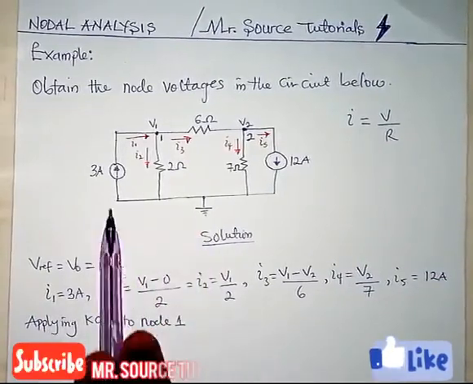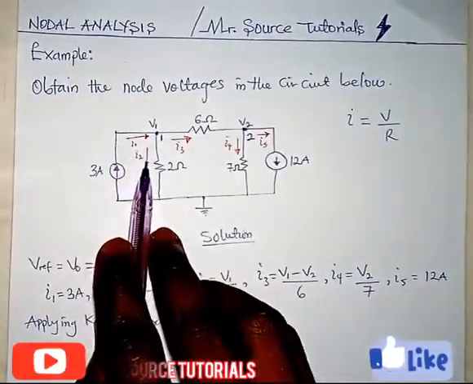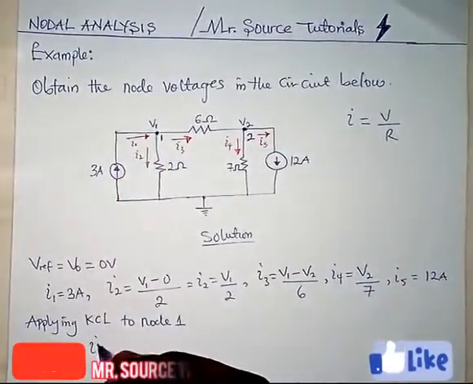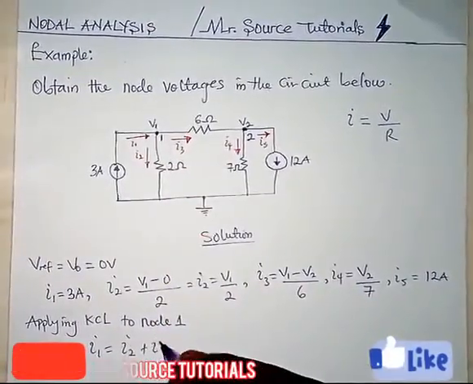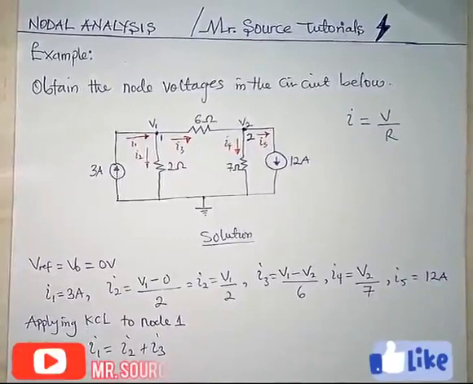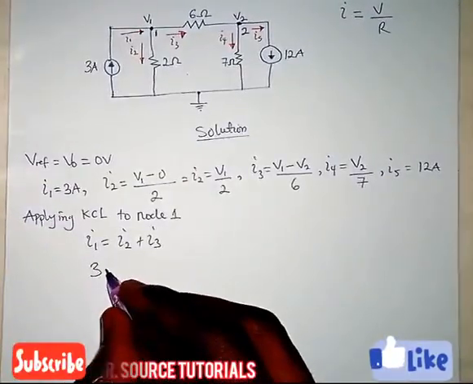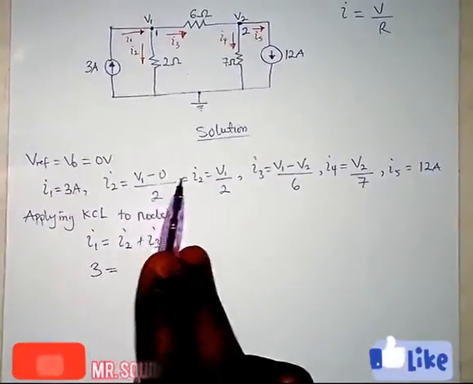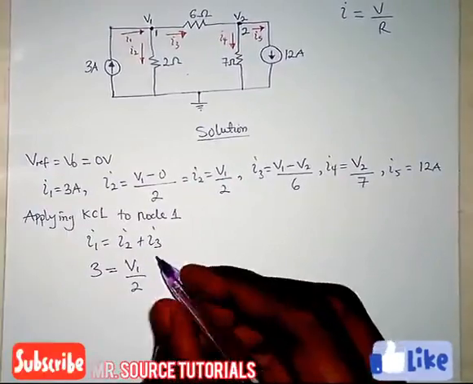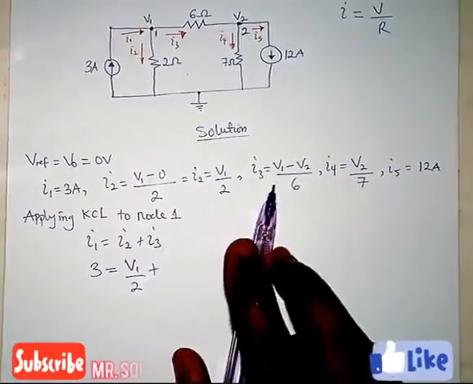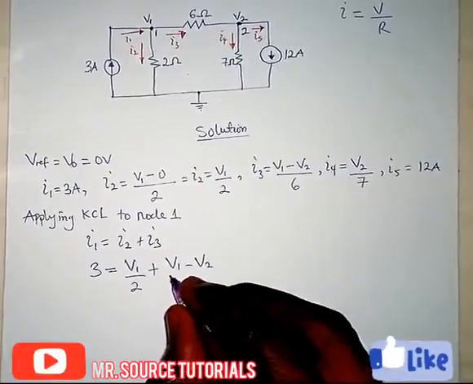The KCL equation for node 1 can be given by this: I1 is going in, I2 is going out, I3 is going out. It can be given by I1 equals I2 plus I3, where our I1 here is equal to 3 ampere, our I2 here is equal to V1 over 2, plus our I3 here is equal to V1 minus V2 all over 6.